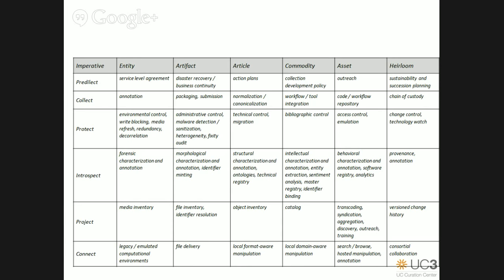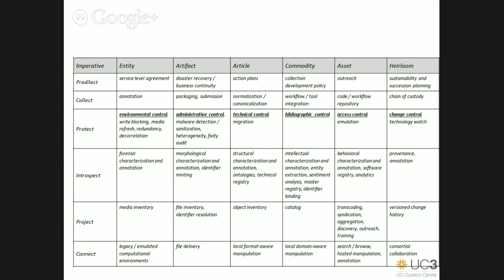Each of those imperatives can be applied against all of the ontological entities that we had defined a little bit earlier. And once again, this is a very dense presentation that I suspect you may have a little bit of difficulty in reading. So I'll just highlight one particular aspect of this, looking at that protect imperative as it applies to entities, artifacts, articles, commodities, assets, and heirlooms.